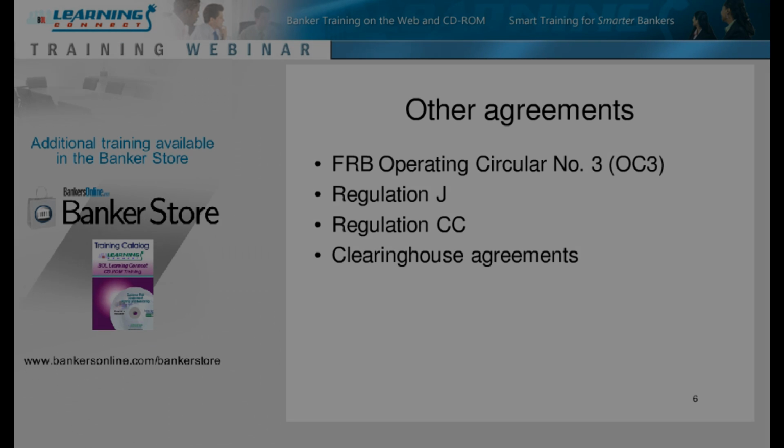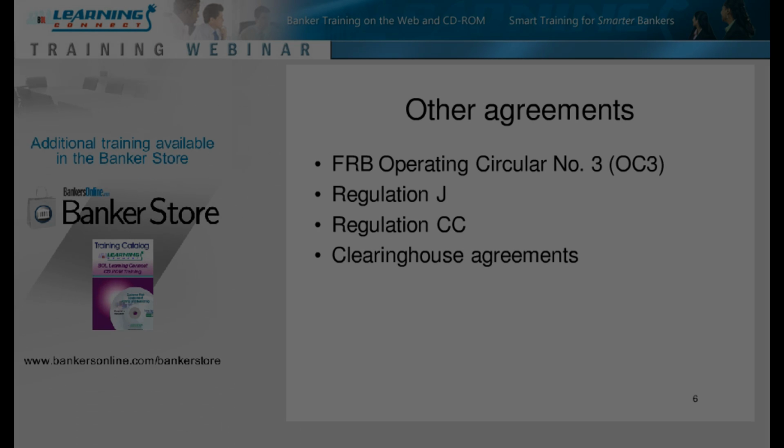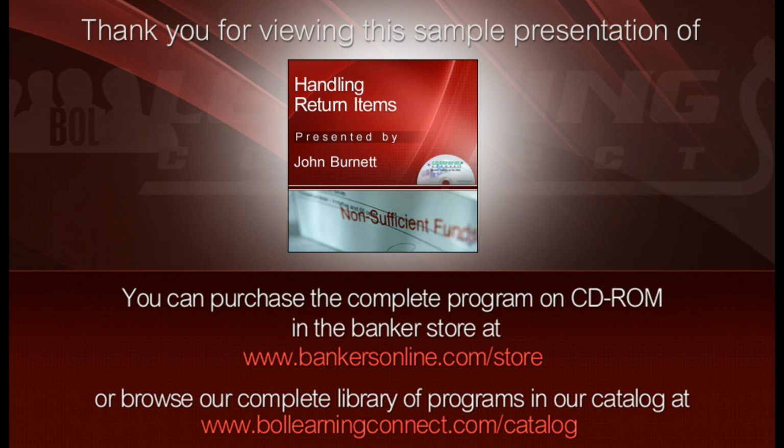There's Regulation CC, which, of course, imposes certain restrictions on a depository bank's ability to delay availability of deposited items with both consumer and business accounts. But it also has some language within it that modifies to some degree the provisions of the Uniform Commercial Code.